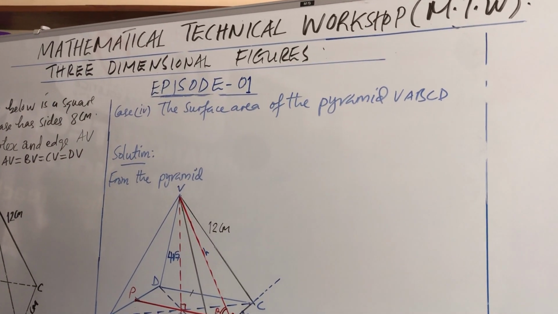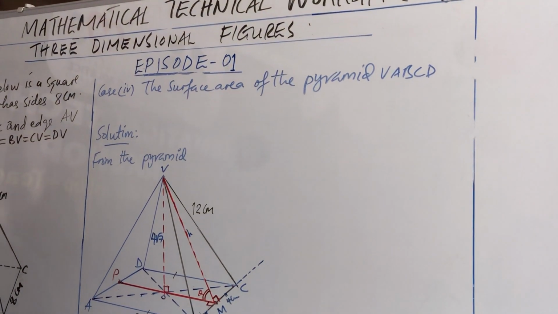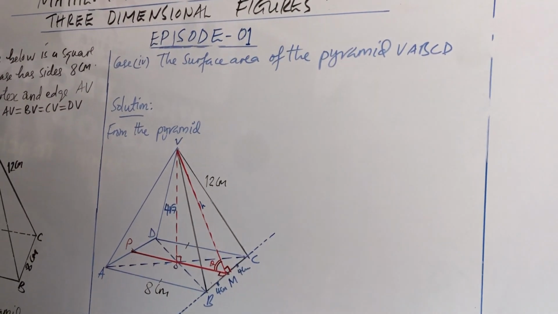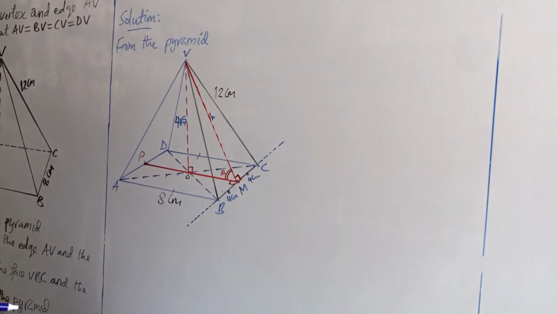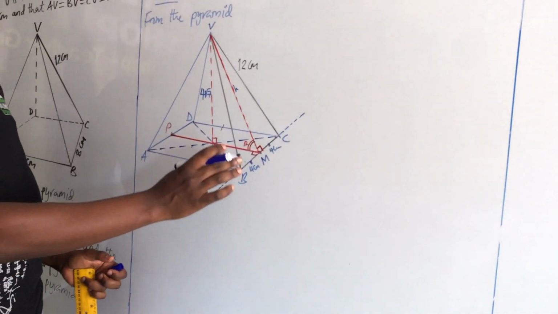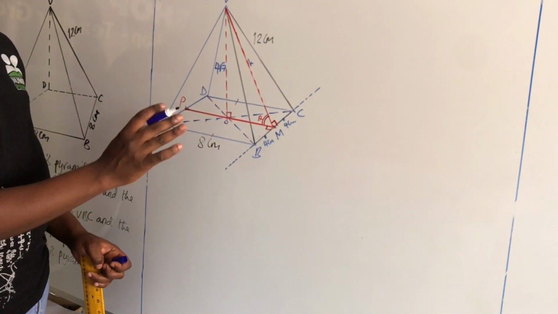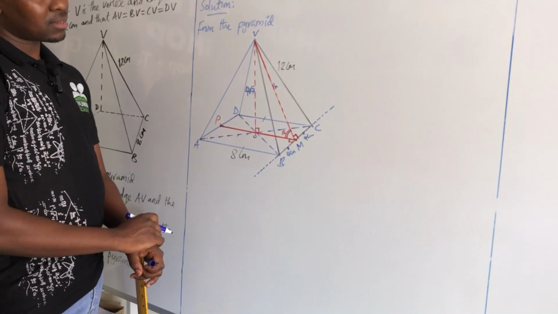Okay, case 4 now, we are required to find the surface area of the pyramid. As you can observe, our pyramid is VABCD, and the surface area can be calculated by taking the summation of the areas of all the faces, starting with the base and all the lateral faces.